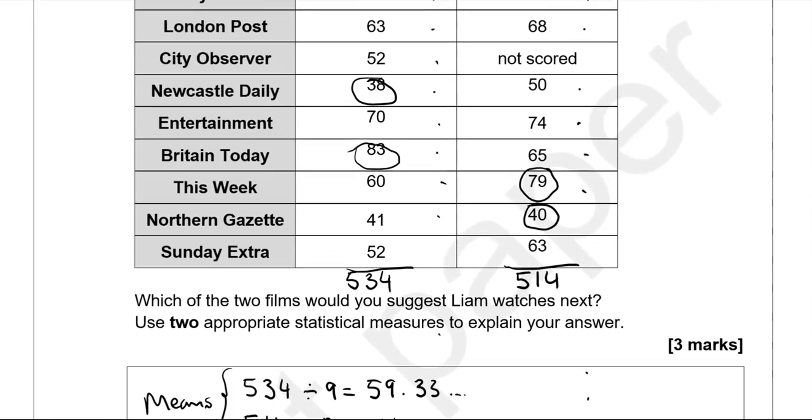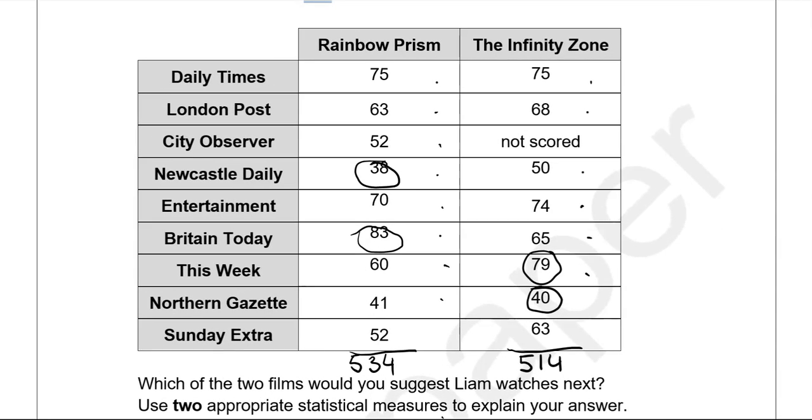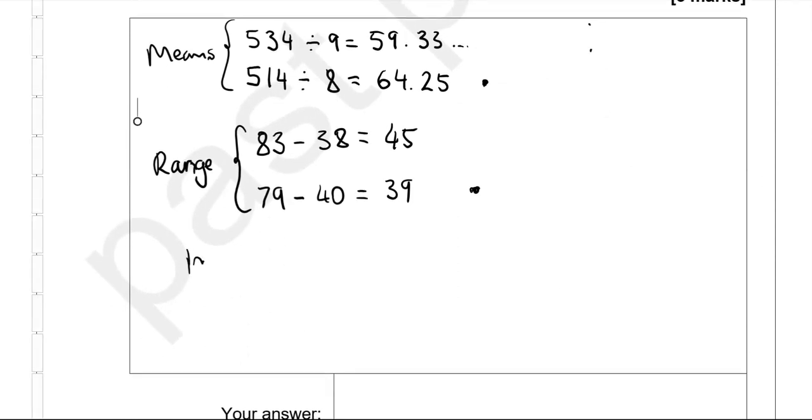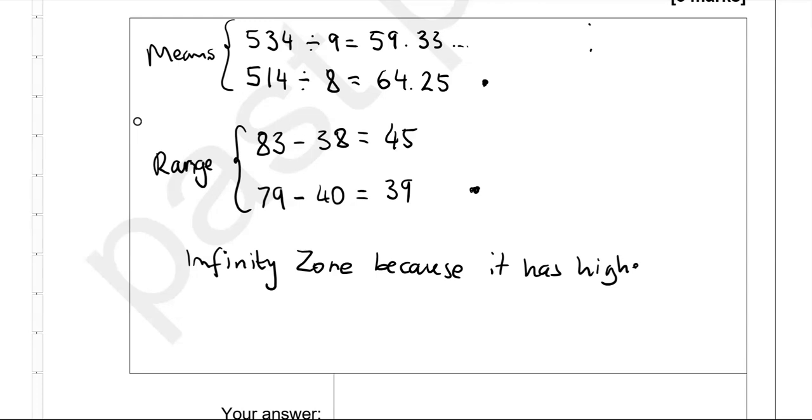So basically, we are going to suggest the infinity zone. Because it has higher scores on average, and less variation.